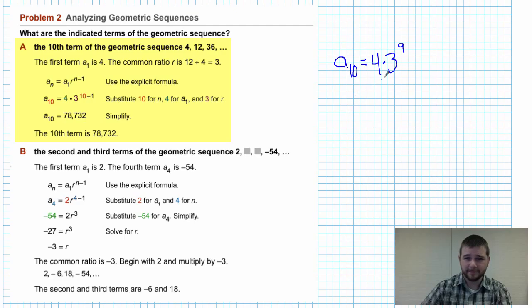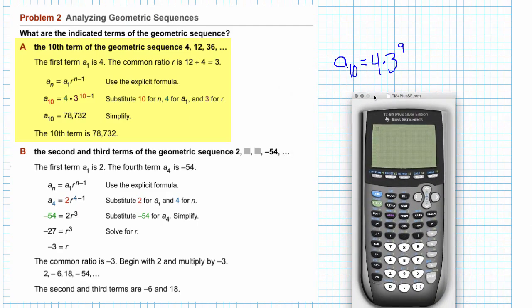And then evaluate 3 to the 9th power. Perhaps this would be a good one to work out with a calculator. So we have 3 raised to the 9th power, a big number, times 4.